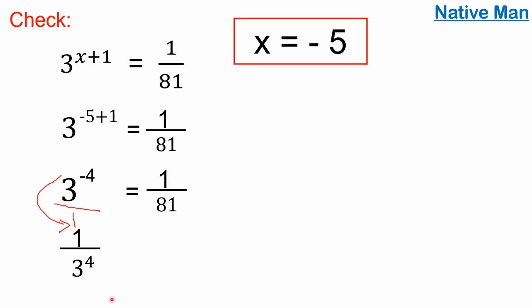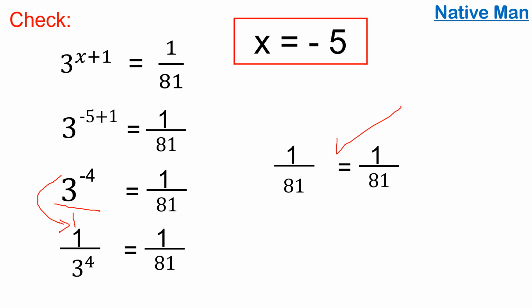Then equal to 1 over 81. Then simplify, what is 3 raised to the fourth power? 3 raised to the fourth power is 81. And that is equal to 1 over 81. So 1 over 81 is equal to 1 over 81, and this is correct. So therefore, our answer negative 5 is correct.